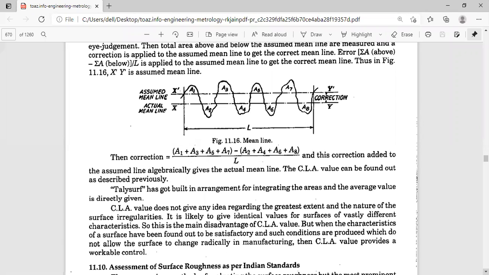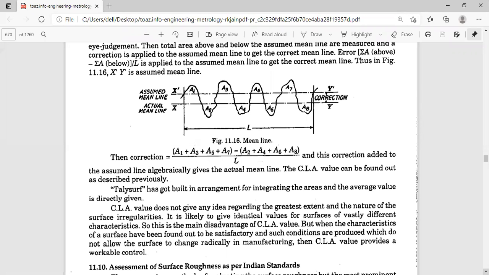The CLA value, the centerline average value, does not give any idea regarding the greatest extent or nature of the surface irregularities, because if you have in-depth surface irregularities, the centerline average will not show them. So its main disadvantages are that in-depth irregularities cannot be measured, and if surface characteristics vary vastly, it is not found to be satisfactory.